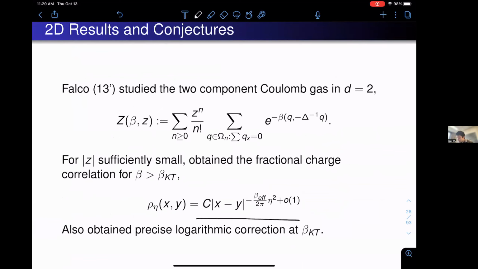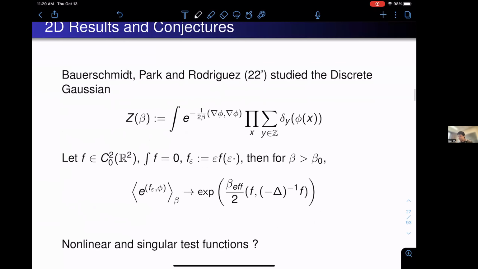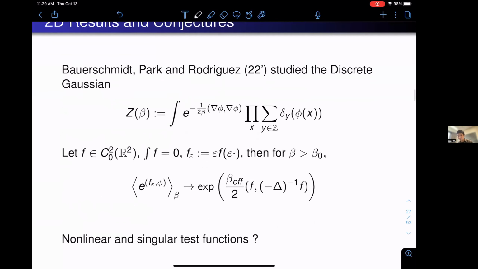He also obtained some asymptotics at the critical temperature as well. This is through a very impressive renormalization group argument. And also there are more recent results by Roland, Park, and Pierre-François. They studied a discrete Gaussian model, which is a dual model of the Villain model in 2 dimensions, as we will see later.